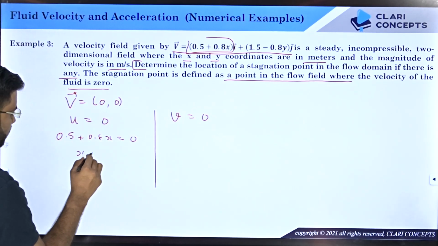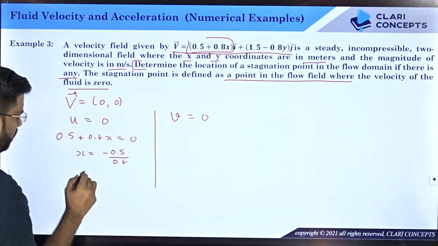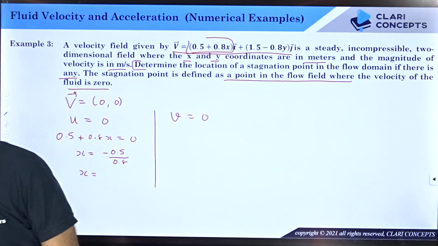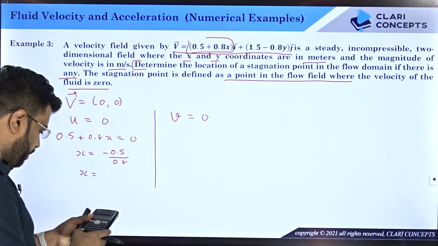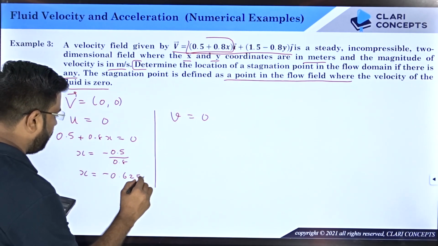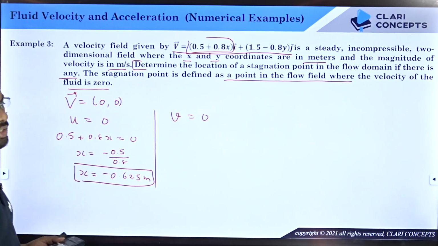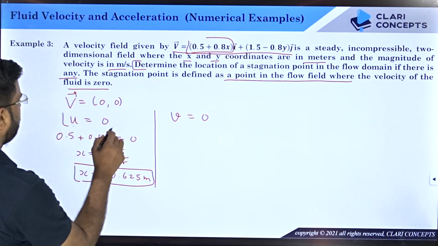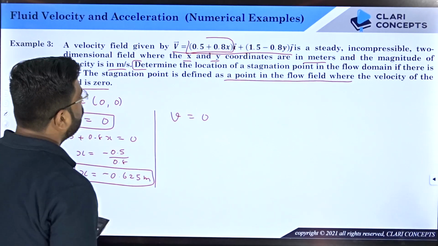That means what is x? X is equal to minus 0.5 divided by 0.8, and you will get minus 0.625 meters. So at all the points where x is equal to minus 0.625 meters, you will have u equal to 0. Then we will see at what points v will be 0.